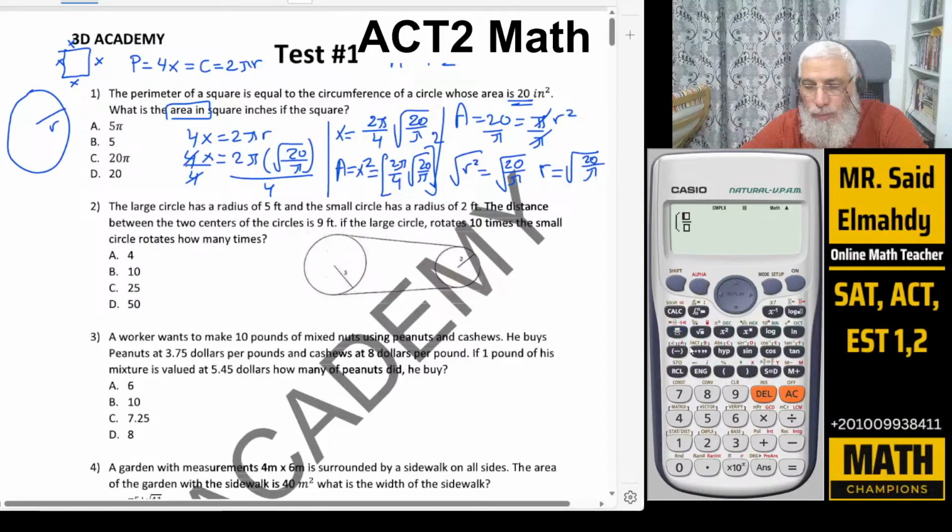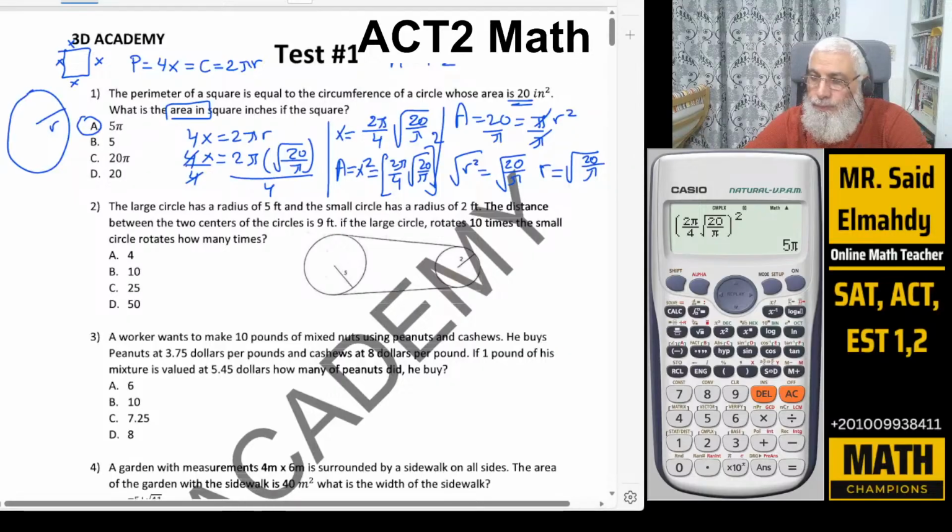Between bracket 2 pi divided by 4 square root fraction 20 over pi close bracket squared equals 5 pi. So the solution is 5 pi.